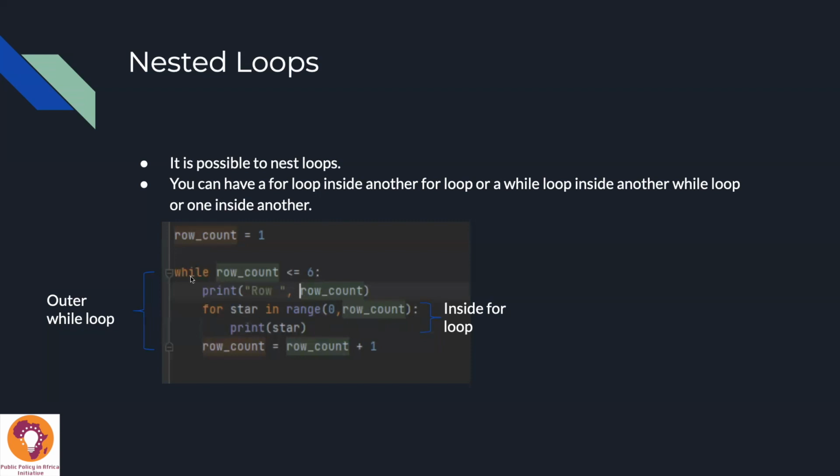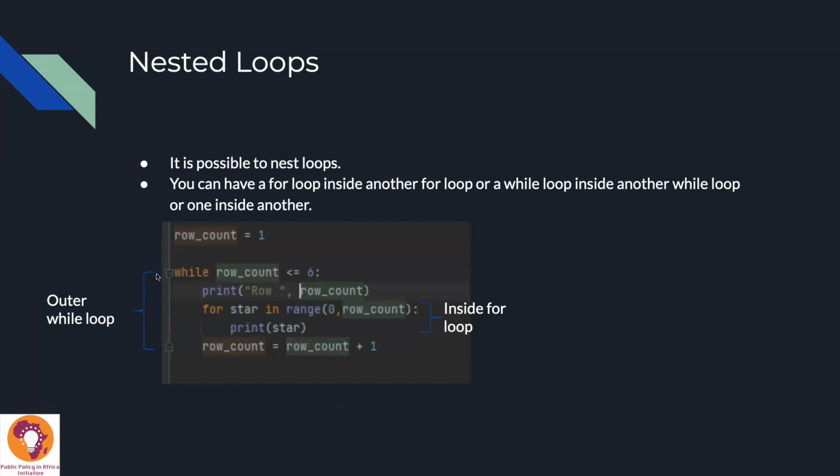So just to reiterate, while row count is less than or equal to 6, print row and then the row count, and then for star in range 0 to whatever the row count is, we print star, which is going to be that value, and then we're going to iterate row count. So we get row count equals row count plus 1, so that we make sure that we're eventually going to exit our while loop.